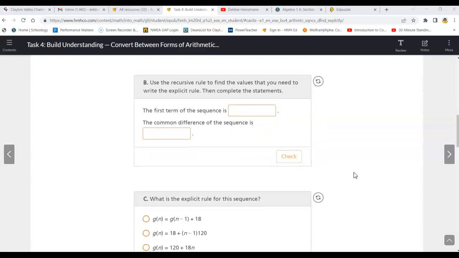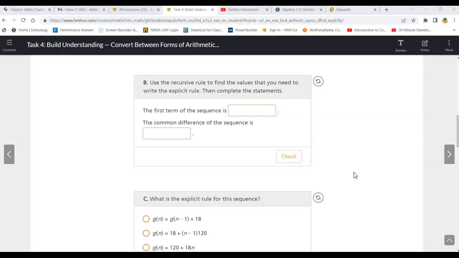Then let's do B. Use the recursive rule to find the values that you need to write the explicit rule. Then complete the statements. You're going to write the first term of the sequence, and then the common difference of the sequence.